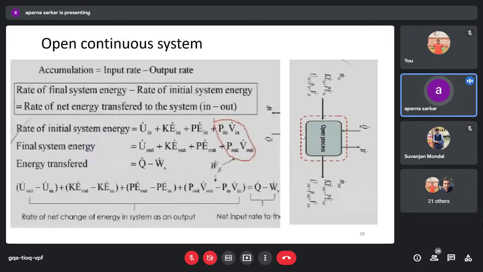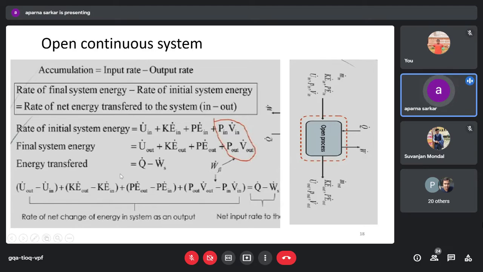Now if you have a continuous system, you can consider the piston or turbine. Then it is the same formula: accumulation is equal to input rate minus output rate. And we know the initial system energy. In a closed system we saw internal energy, kinetic energy, potential energy. In an open system we also watch the product PV. Same for the output.